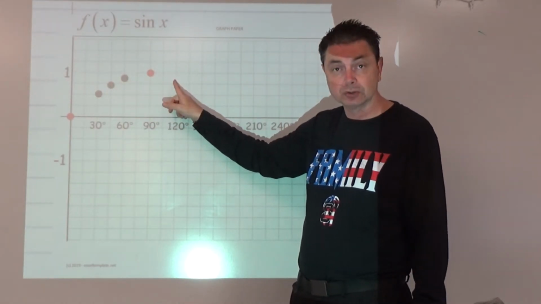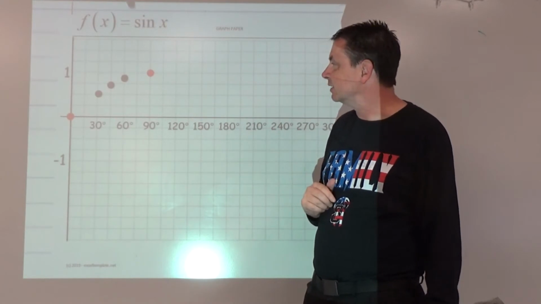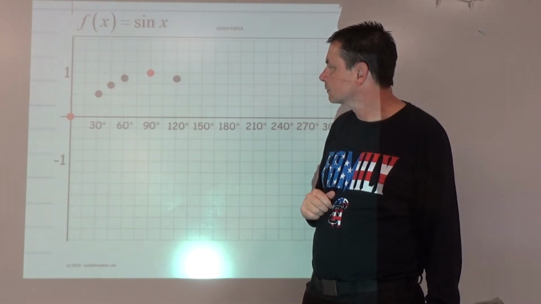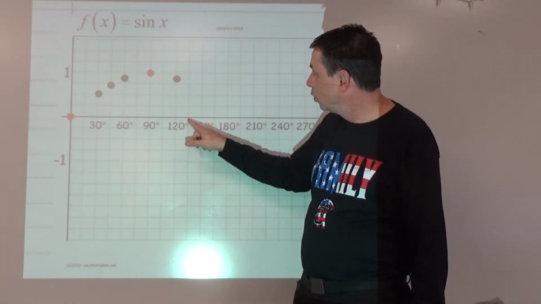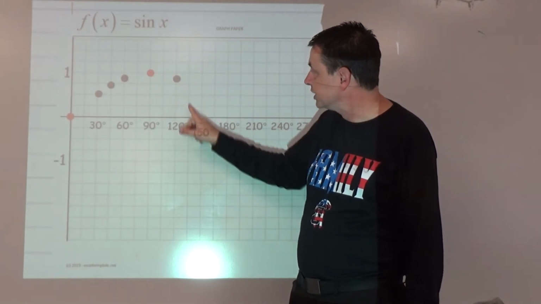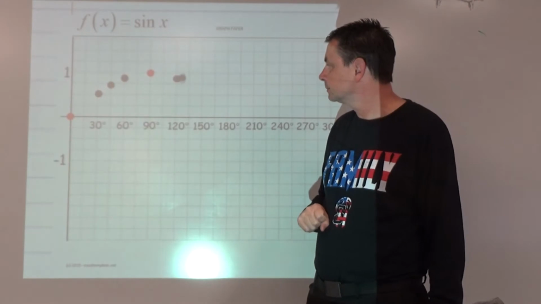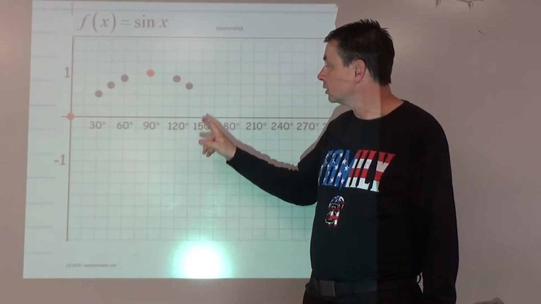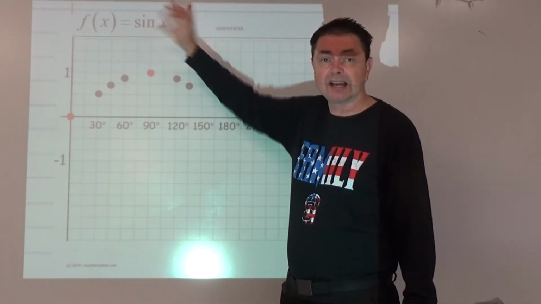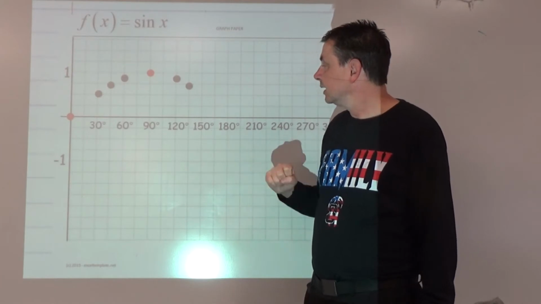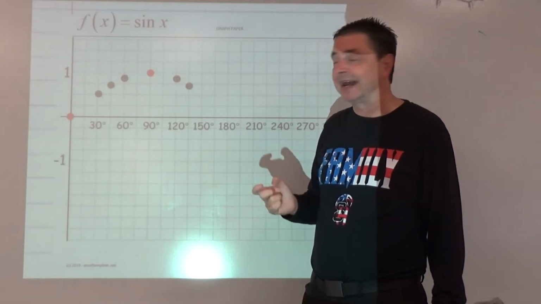Square root of 3 over 2, about 0.87. And then 135 degrees right here is going to match up with that one, square root of 2 over 2. 150 degrees, the sine of 150 degrees is 1/2.